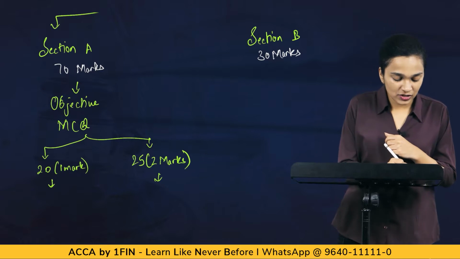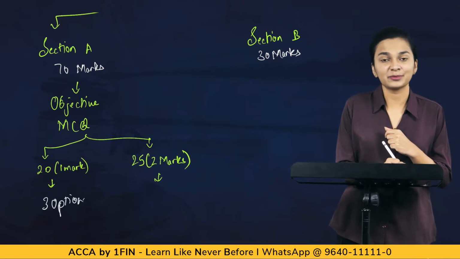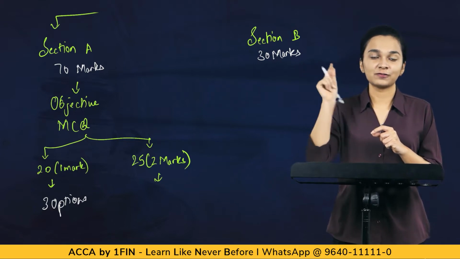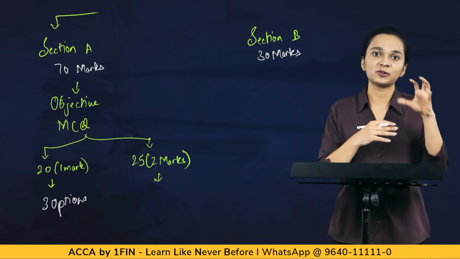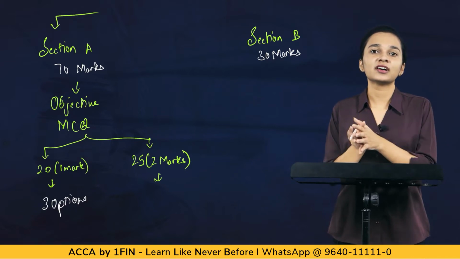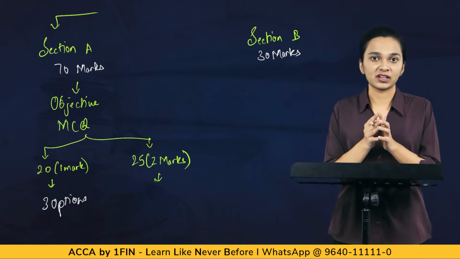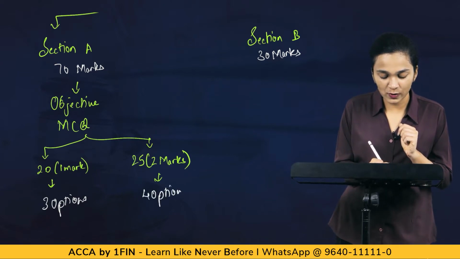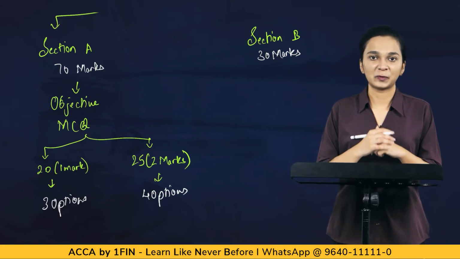For the 20 questions of 1 mark, you will get 3 options. We usually see multiple choice questions with 4 options, but for these, you get 3 options and out of those 3 you have to select the correct one. However, for the other 25 questions of 2 marks each, you will get 4 options, and out of 4 options you have to select the correct one.